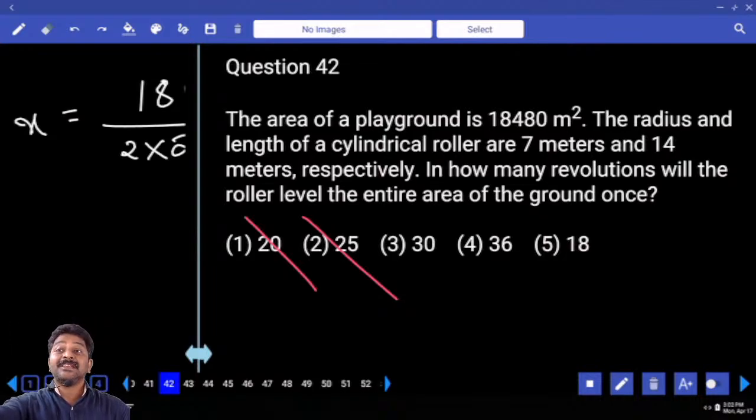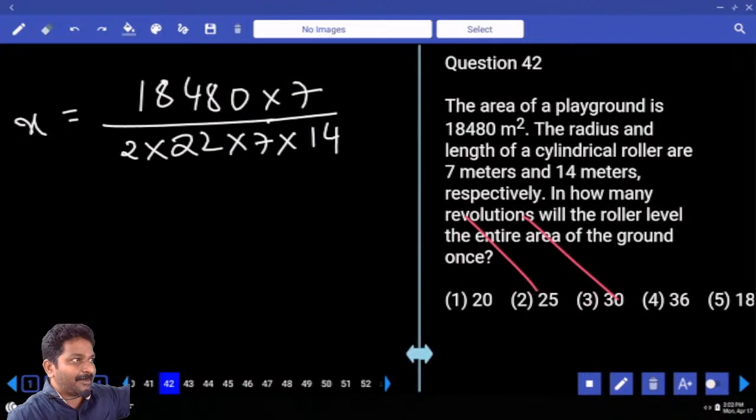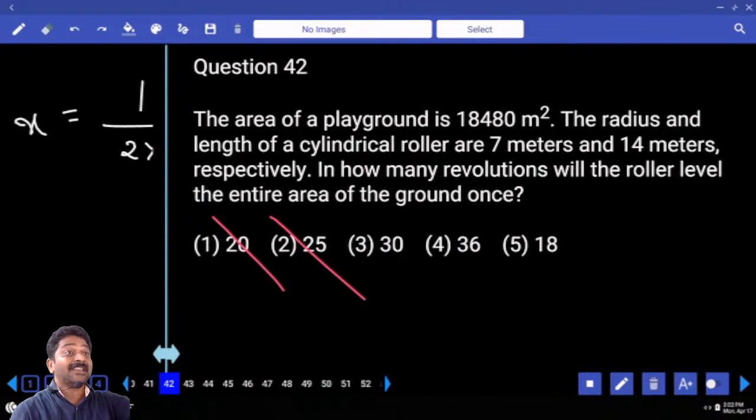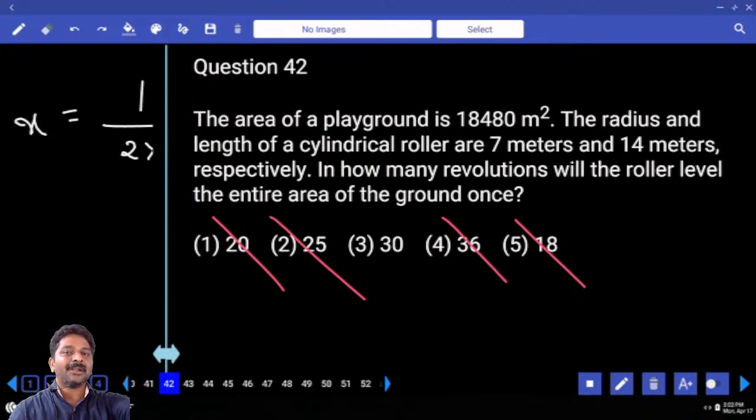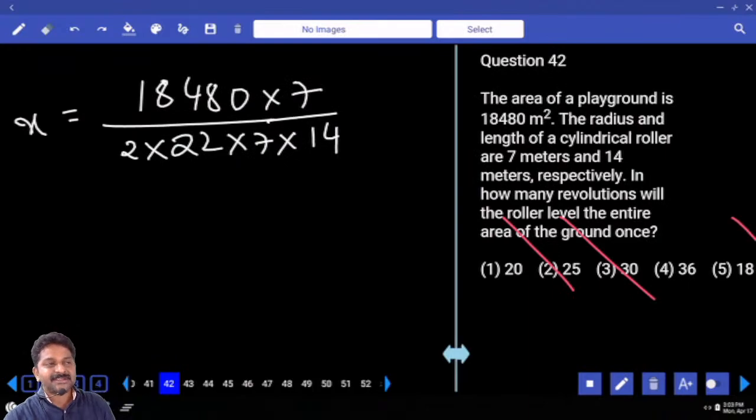No, because there is only a 3 multiple, but you don't have a 9 multiple. Can it be the fifth option? Third option, final answer. Otherwise, you have to go for cancellation. Done.